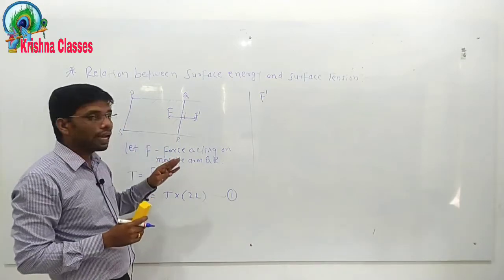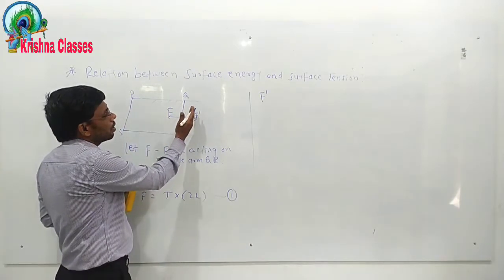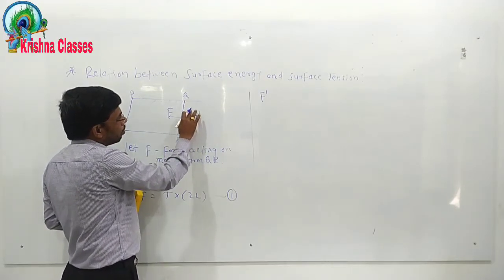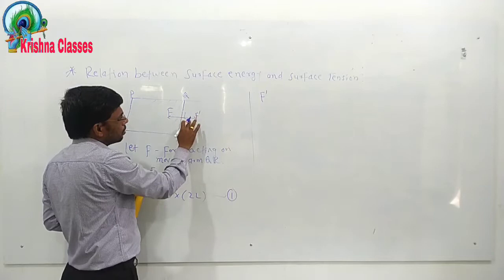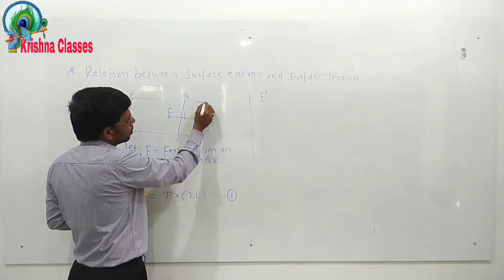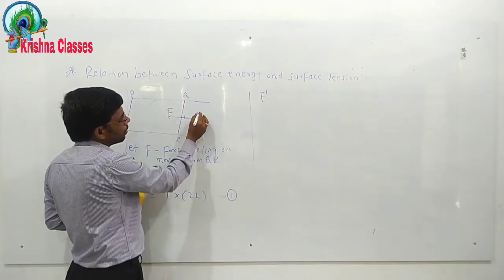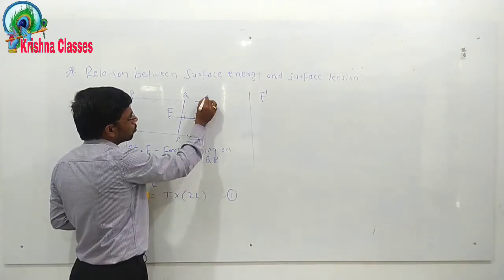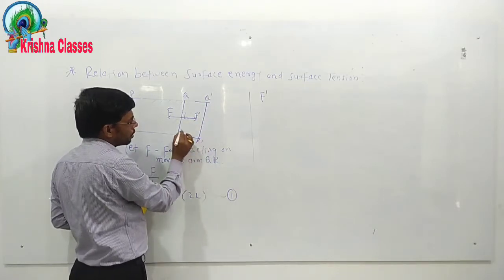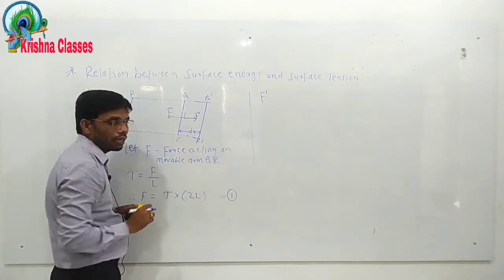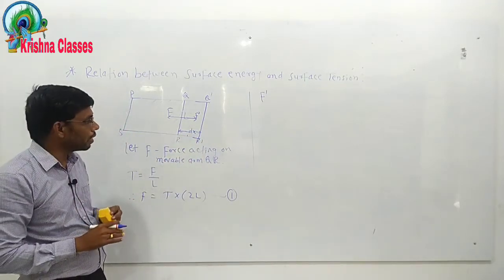The area of the surface film will be increased. Due to the force F dash, the movable arm QR moved to Q dash R dash through a distance dx, suppose.